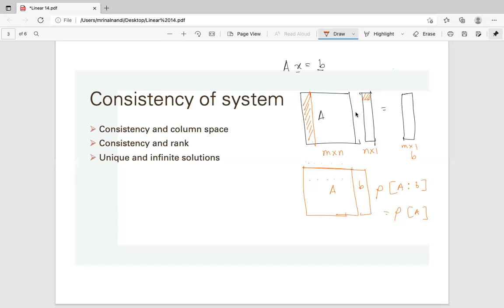If it is 4 by 6, with 6 variables and 4 equations, the rank can't be 6. It is always less than or equal to 4, the minimum of the number of rows and columns. So if there are more variables than equations, it can't be a unique solution. Either there is no solution or there are infinitely many solutions.